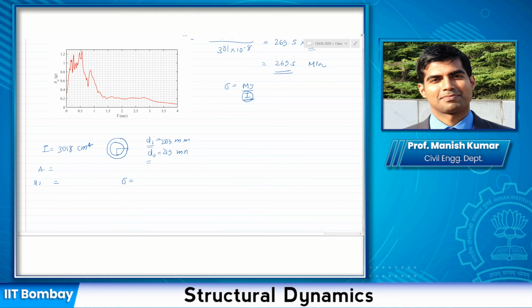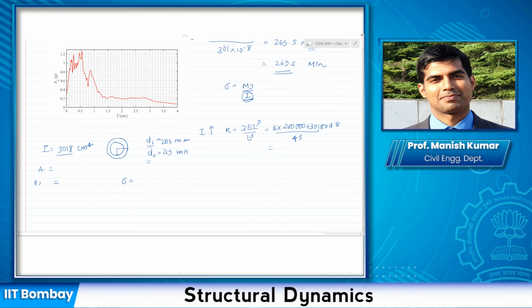When you increase the diameter, your moment of inertia goes up from 301 centimeter to the power 4 to 3018. So my K value actually increases. If I increase the moment of inertia while keeping the other parameters constant, my structure becomes stiffer, so the K value increases. I can go ahead and substitute those values: 3018 times 10 to the power minus 8, and 4 to the power cube.